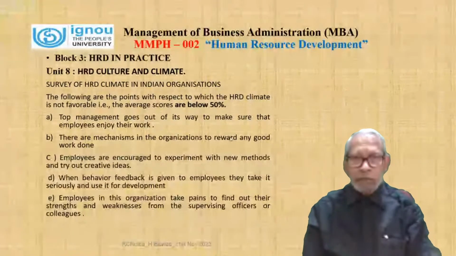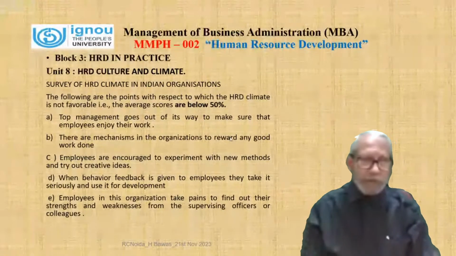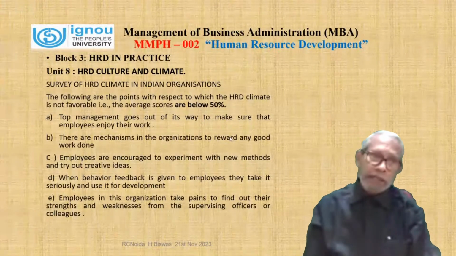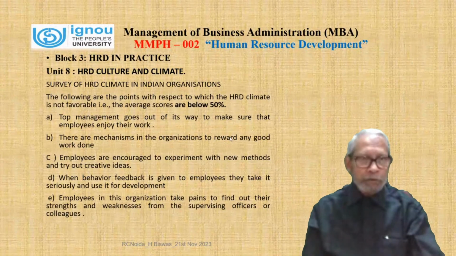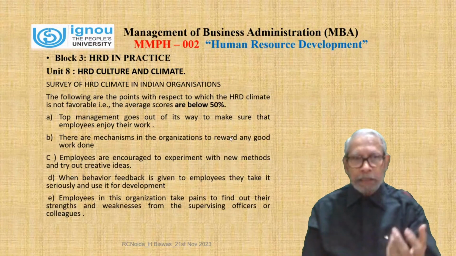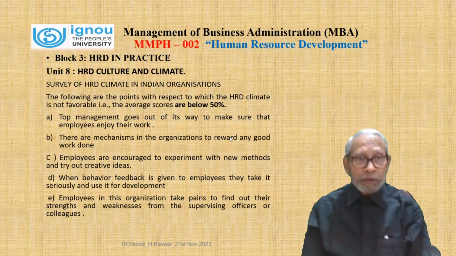If the average score is less than 50%, then you can declare these are all non-favorable. It should not be so. From here also, we can analyze and take conclusions. All these things are to be transferred to positive. Top management should be involved.